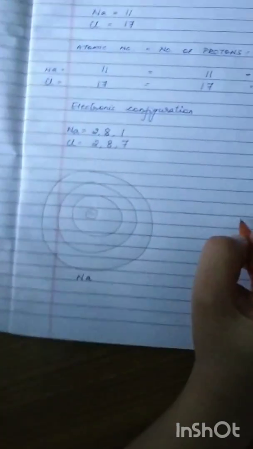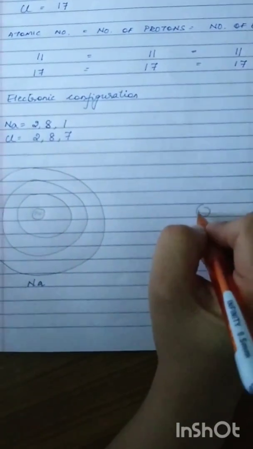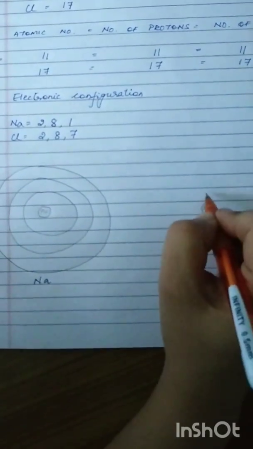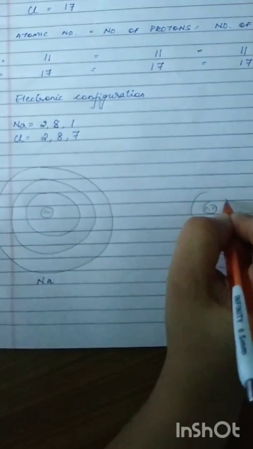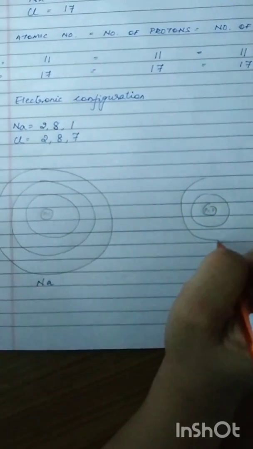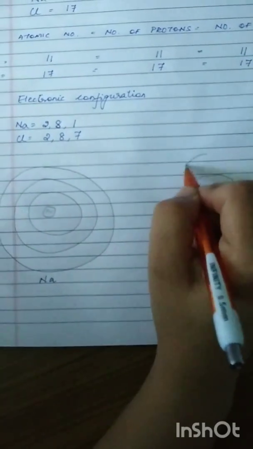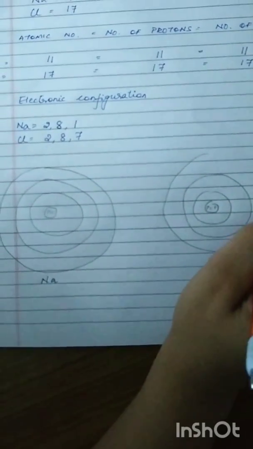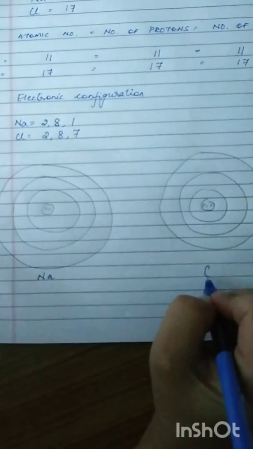Similarly, chlorine, protons is 17. First orbit, second orbit, and the third orbit. You will use a compass to do it. I'm just doing it with free hand. Okay, I'll use two different colors.